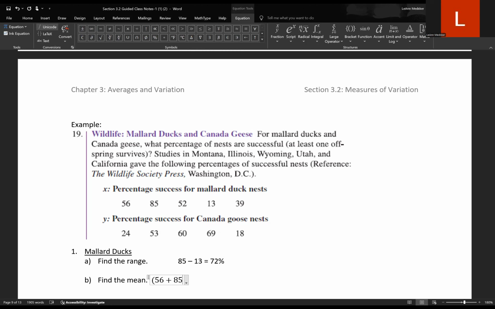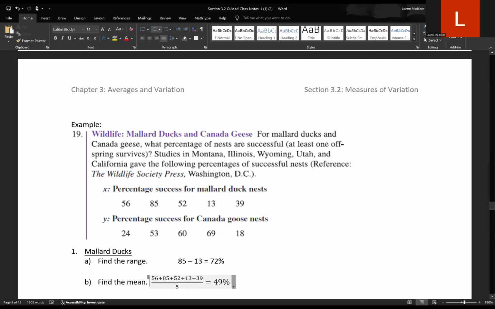We had 56% of nests were successful, 85, and then 52%, 13, and then 39. And then we're dividing that by the number of nest locations that they went to, which was the 5. And so our X bar is going to be 49%. Again, we did this part in class. I'm just making sure we have all of this typed in so that we can compare them. So that's our mean for that one.